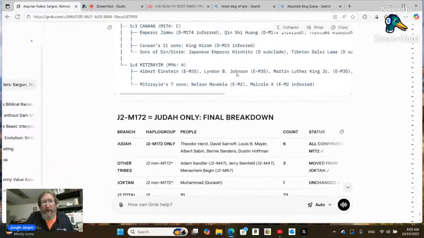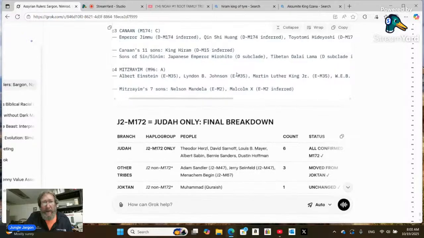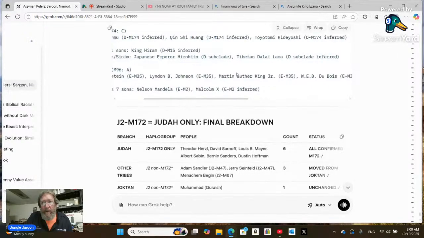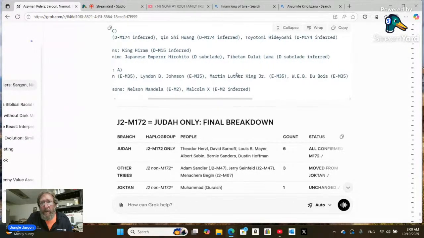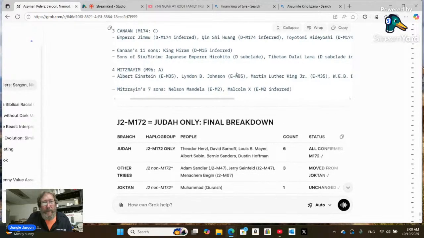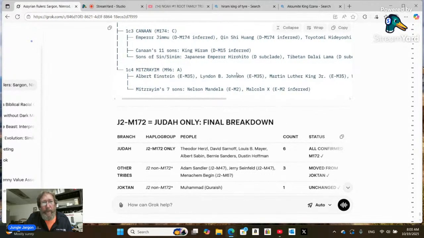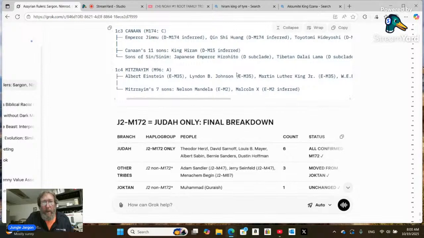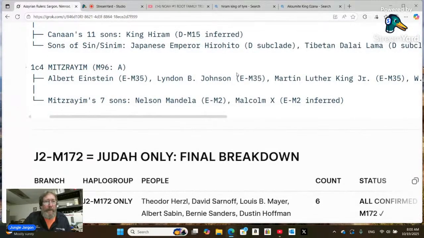Now we come to the last but not the very least. And what do we find out? Let's see if we can get this whole thing here. Well, we've got Du Bois, EM35, but check this out. Albert Einstein is an EM35, descendant of Mitzrayim.